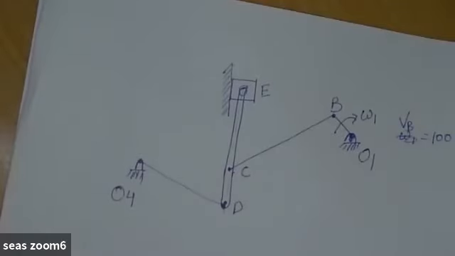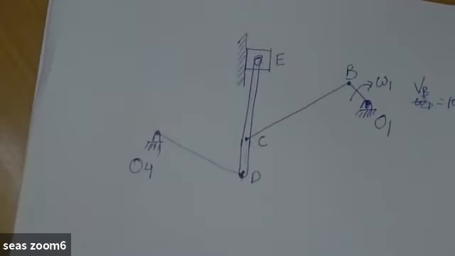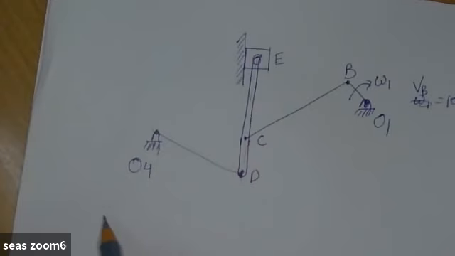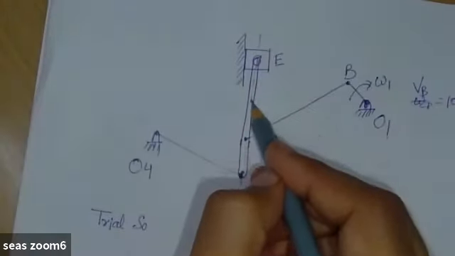So first let us try to understand the trial solution method, the simple velocity diagram for such a mechanism.